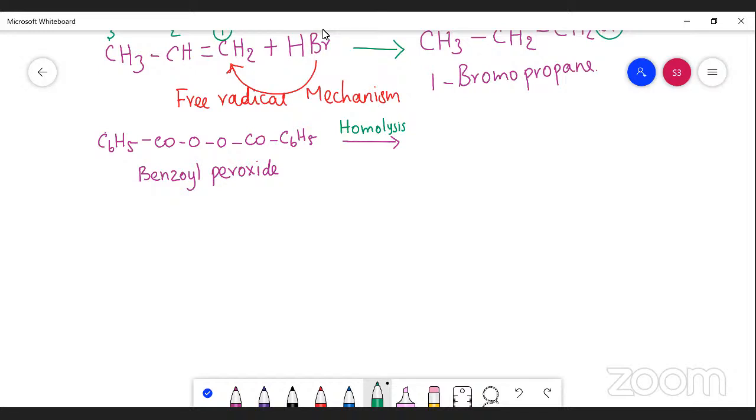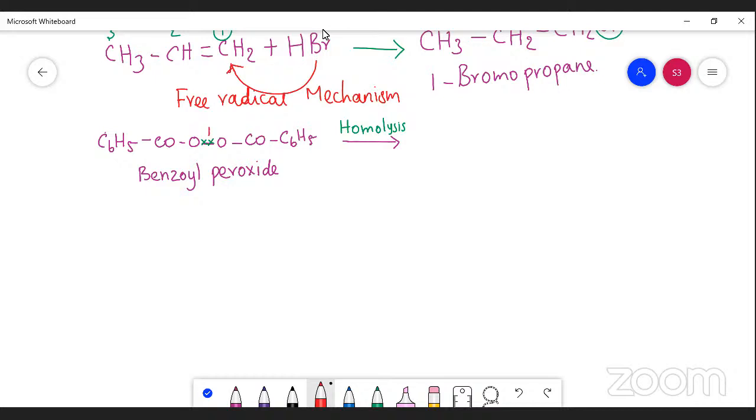We are taking the peroxide bond, and any bond is made up of 2 electrons, so here 1 electron and here 1 electron. It is equal sharing, which means each oxygen takes up one electron.